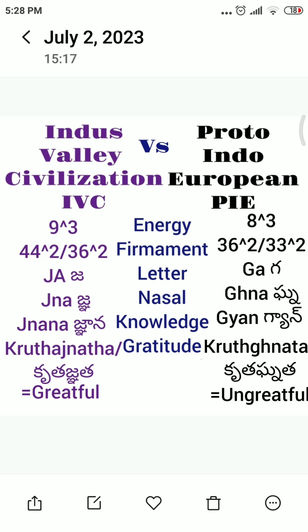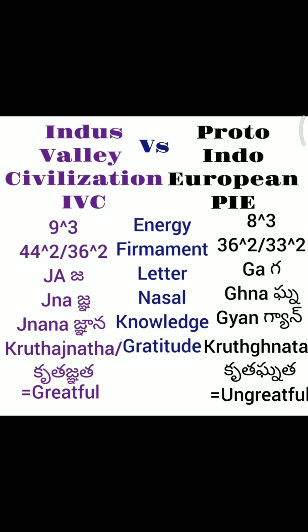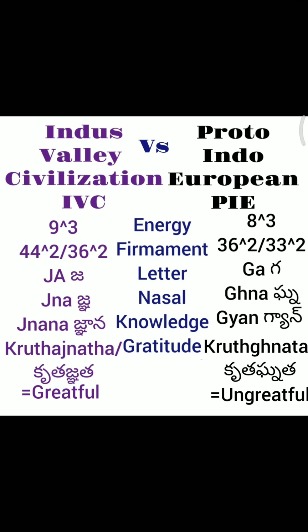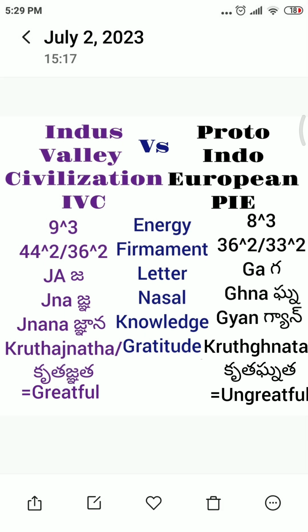And to give a very powerful example of that, and the difference, and how contradictory, how opposite in meaning they are, I give you the word kritajnata. This is spelt with the letter J. This is pronounced as kritajnata, and of course, the meaning of the word is gratitude.